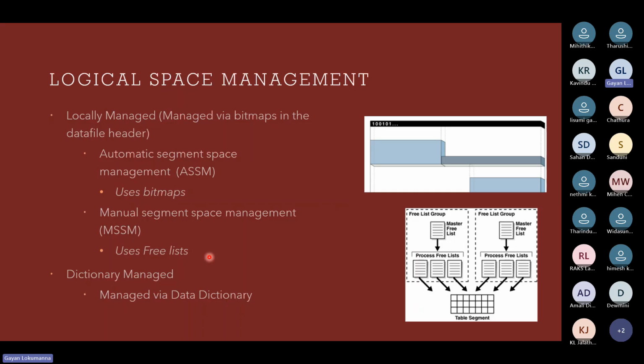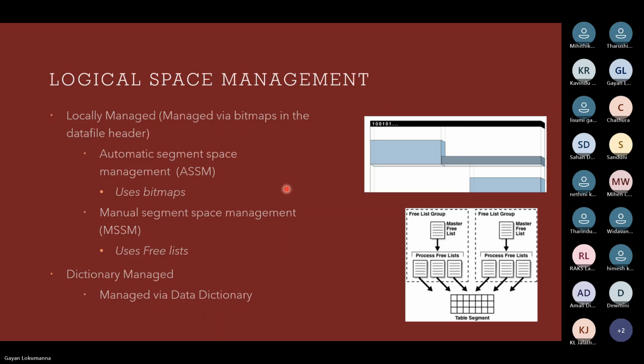So dictionary managed means, why do we have table spaces? We have table spaces in order to accommodate segments. We saw earlier in the slides, we have tables and indexes, and those get stored inside the table space. Obviously, it is getting stored inside physical files, but at a logical layer we will see segments like tables and indexes, right? When you have your segments, we also need to talk about extents.